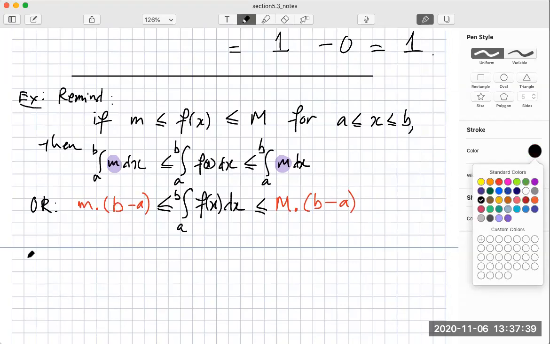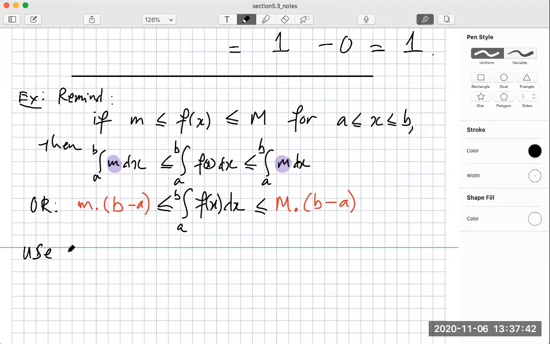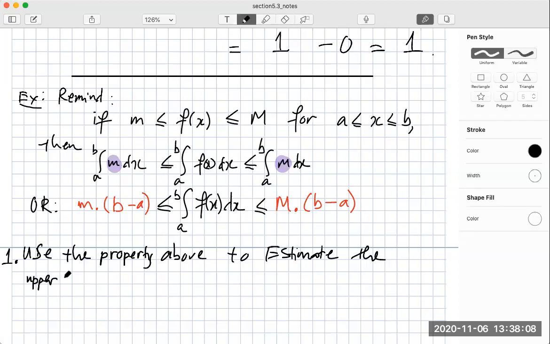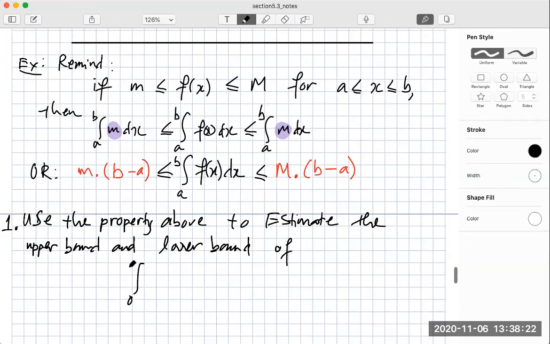Use these properties to estimate the upper bound and lower bound of the integral from 0 to 1 of e to the negative x dx.